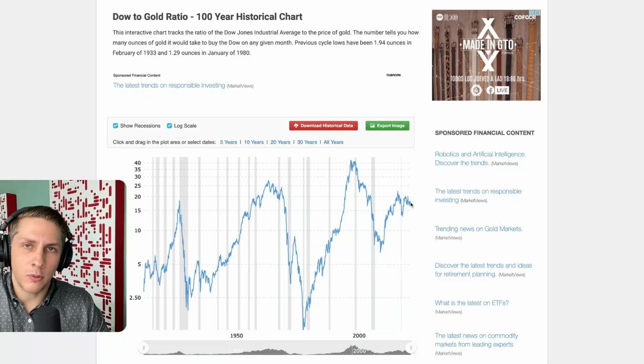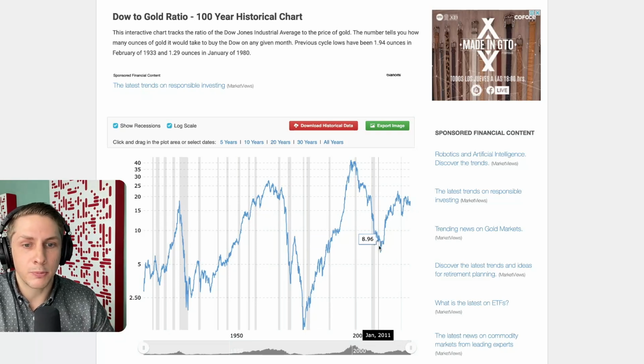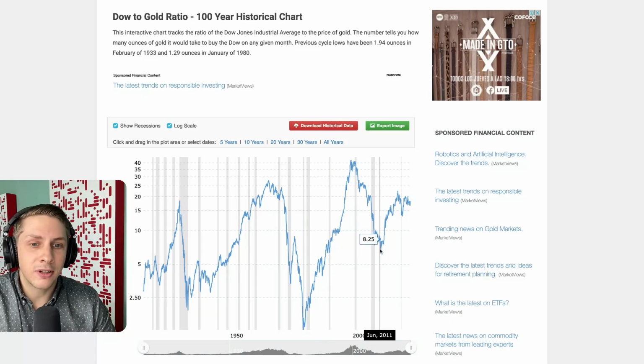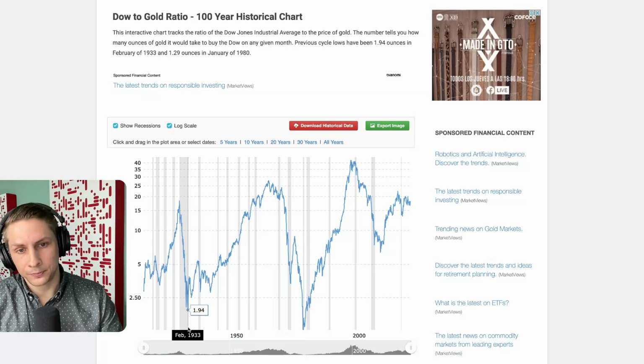So let's take a look at what the Dow gold ratio has done in these various bull markets in gold. In 2011, you're looking at a Dow gold ratio dropping to as low as about 6. In 1980, almost down to 1. And then in the 1930s, it got down below 2.